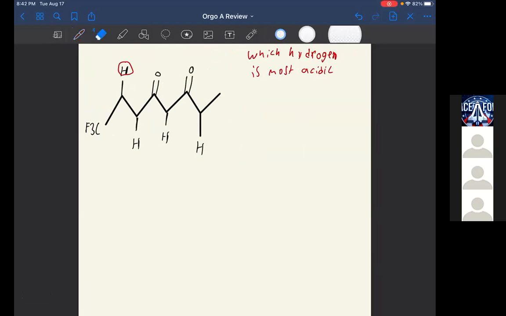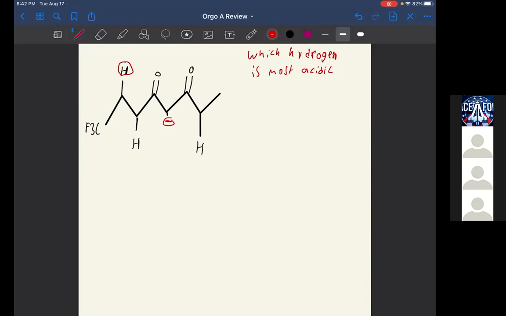Because if we check this hydrogen right here, what can this hydrogen resonate with? And also, if you put stuff in the chat, I can't see, so I apologize. It can resonate with both of these oxygens.